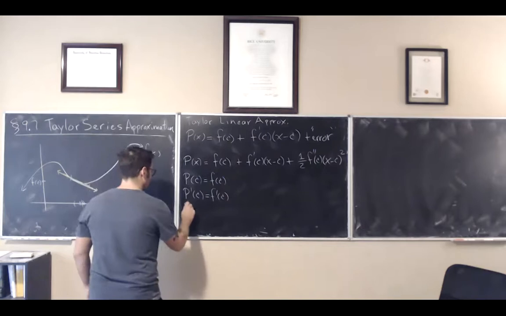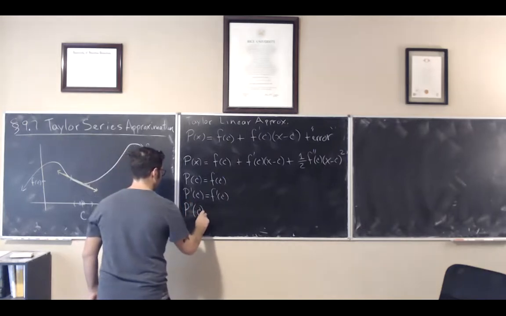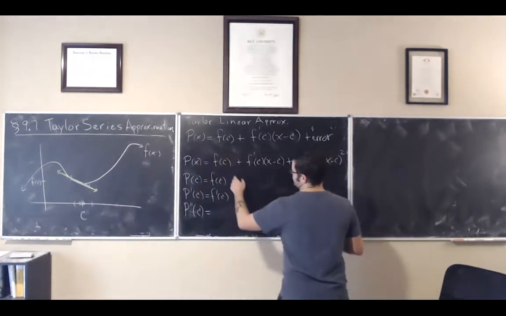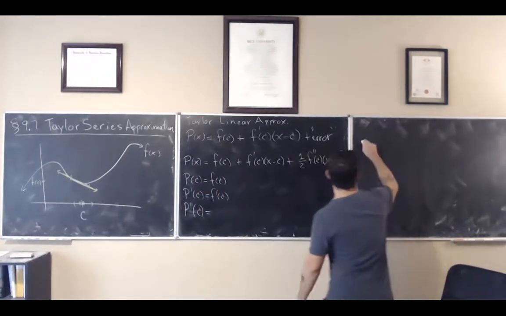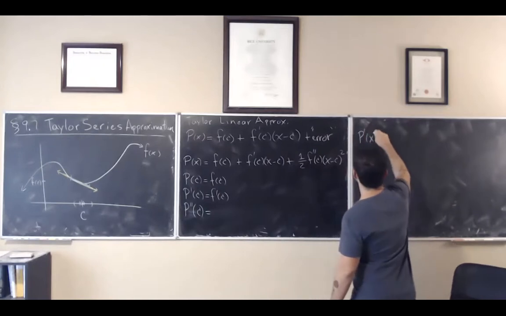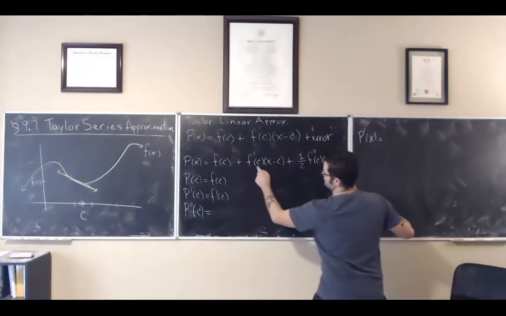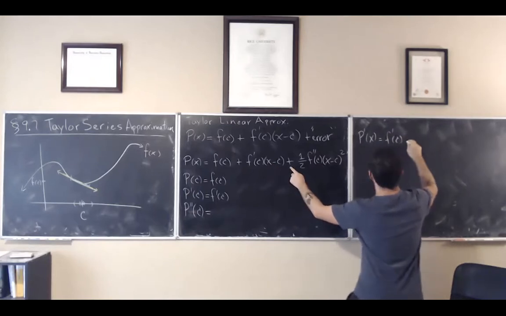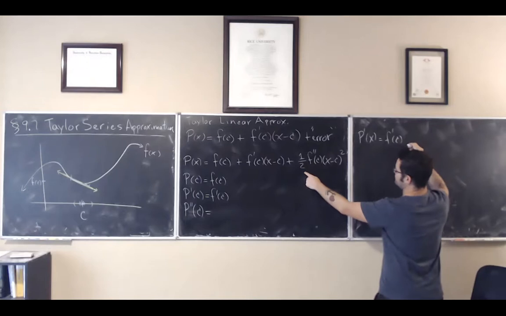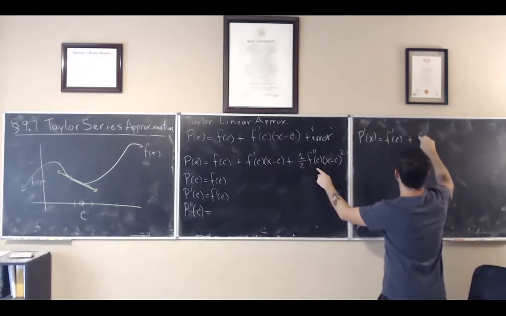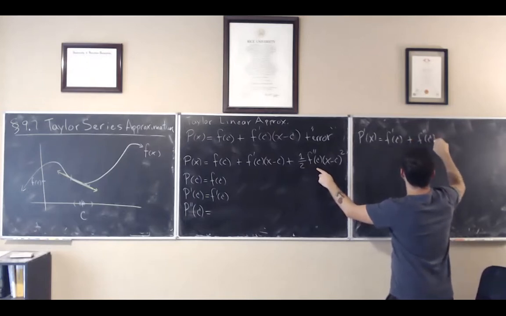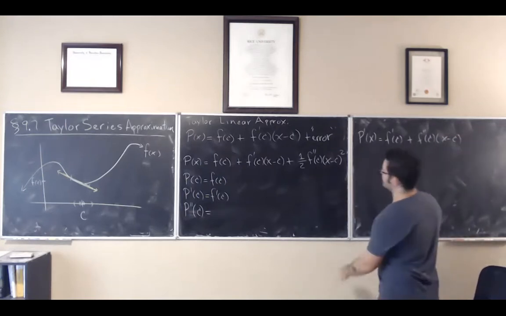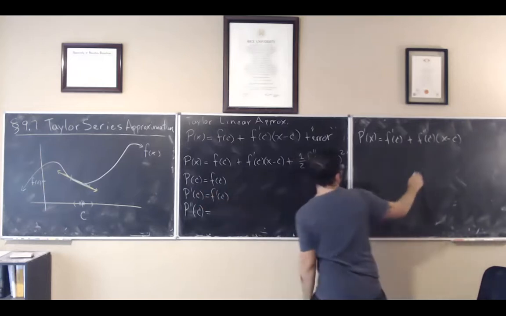What about their second derivatives? So we take the derivative. What is p prime of x? That's 0, and then it's the coefficient of x, and that 2 times that half goes away. We're just left with f double prime of c times x minus c. If you plug in c into the derivative, that goes away.